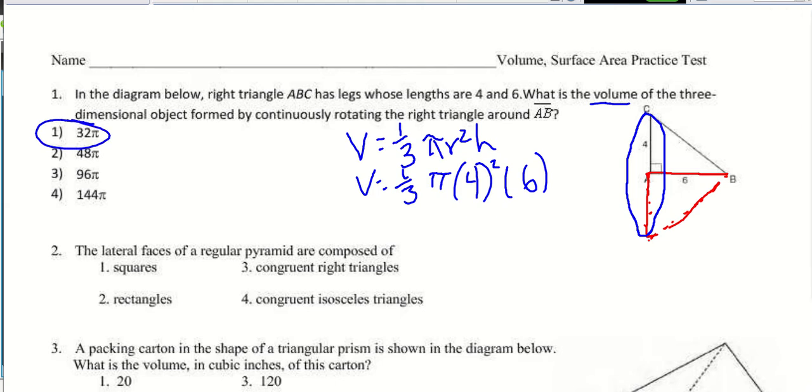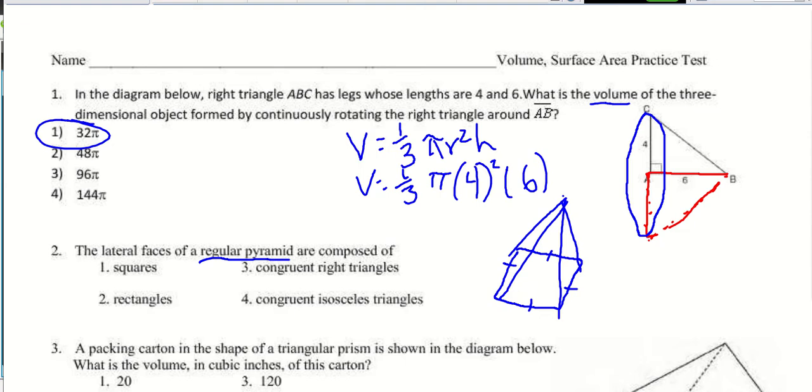Second one, the lateral faces of a regular pyramid. A regular pyramid essentially just means the bottom has all sides equal, whether it be a square, okay, and when I connect to the four corners, I end up with triangles. These triangles have to be equal because all the sides of the bottom are equal.